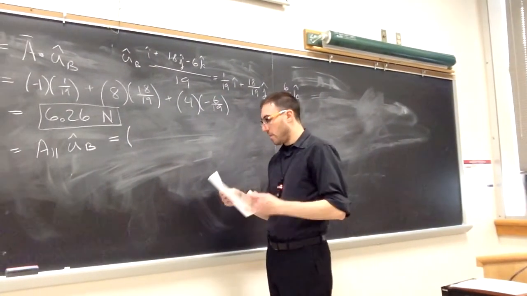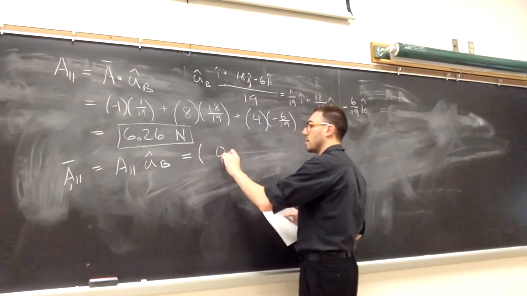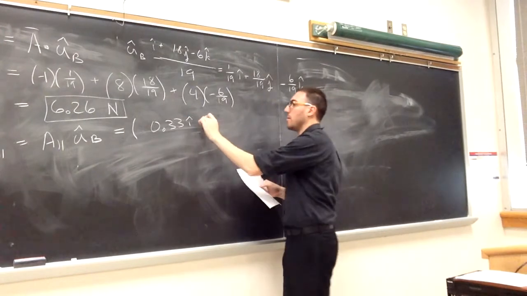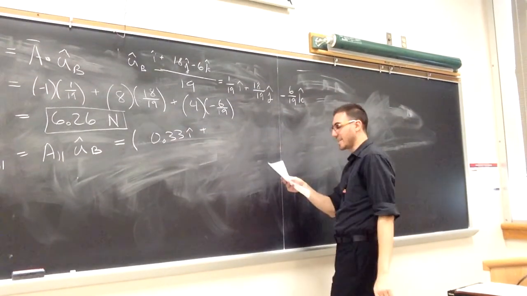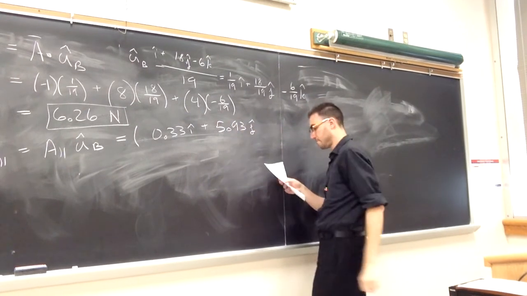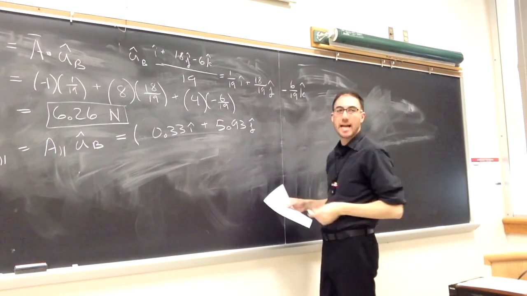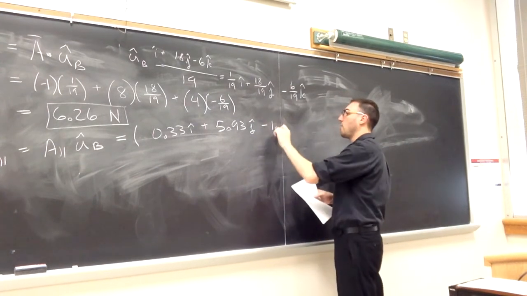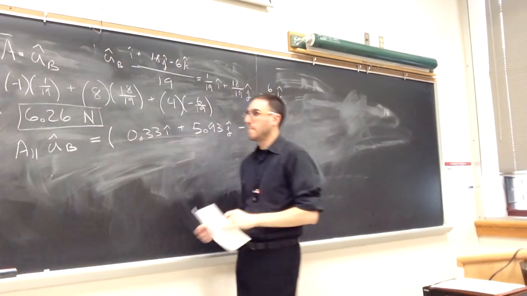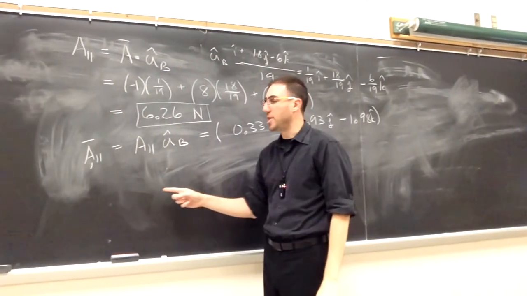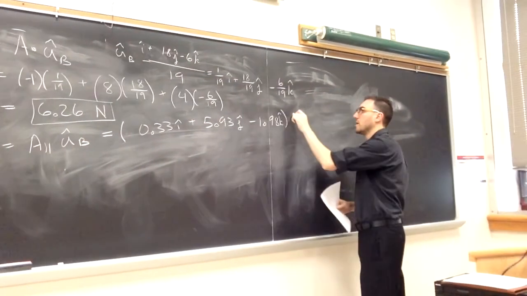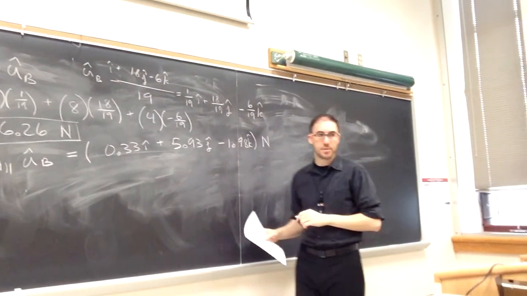As a decimal, that will be 0.33 i hat plus 6.26 times 18/19 will be 5.93 j, and 6.26 times -6/19, -1.98 k. I'm multiplying, so I have to multiply the units. This was in newtons. This was unitless, so this too is going to be measured in newtons.